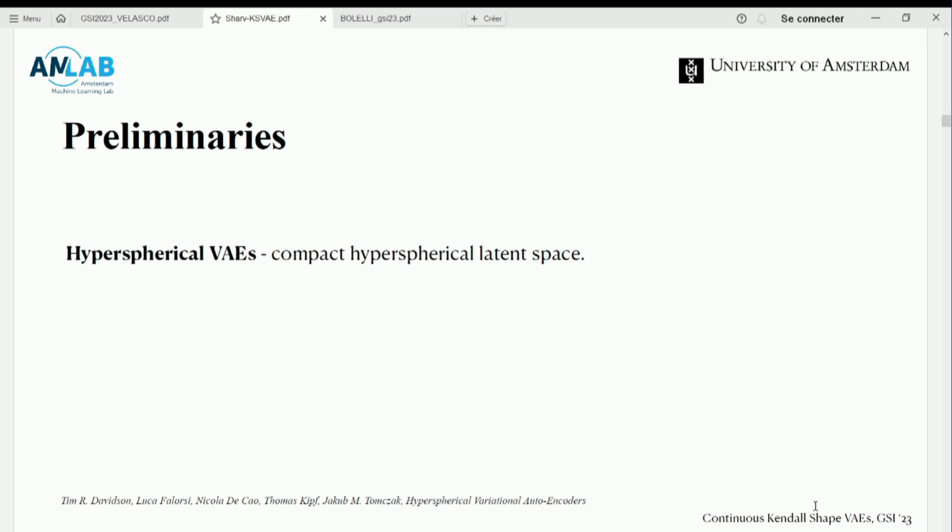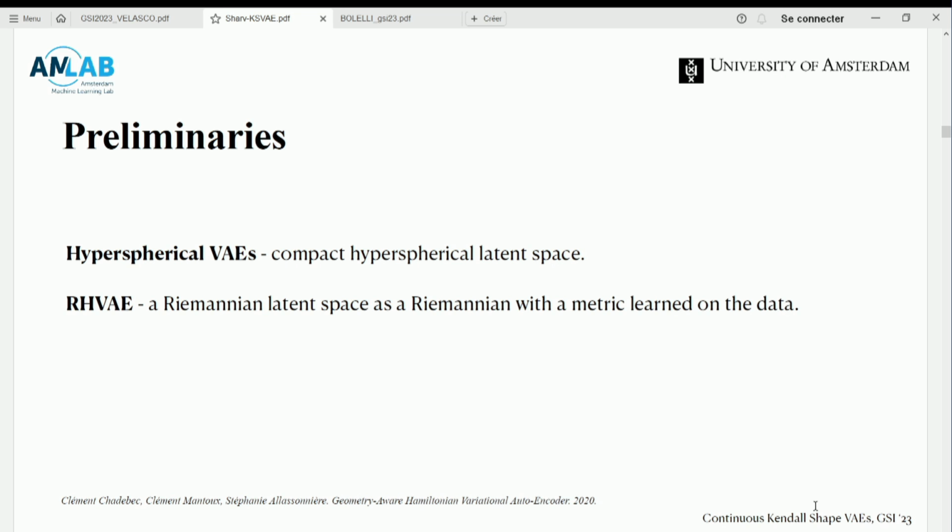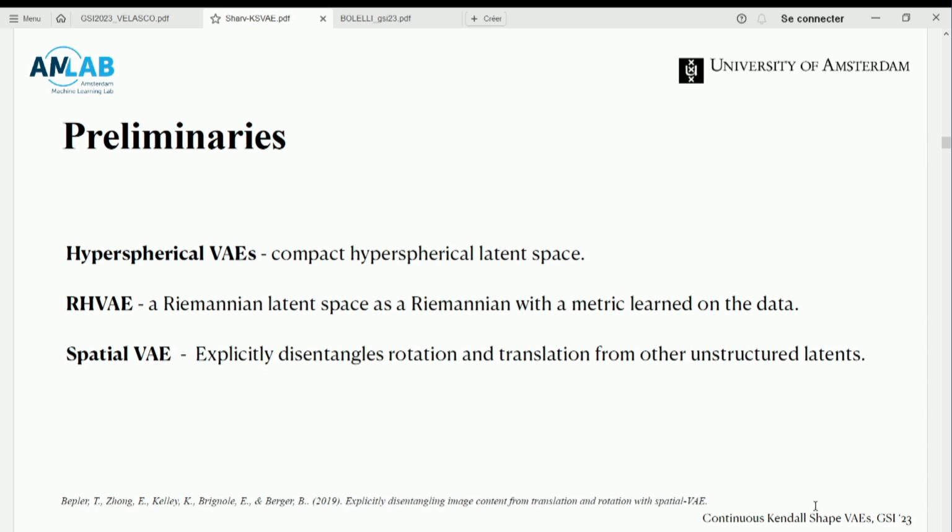We see that these hyperspherical latent spaces are good at representing data and can do so with fewer parameters than a vanilla VAE. Then there's the Riemannian Hamiltonian VAE, which actually learns the Riemannian metric while training the VAE. But it has its own issues, for example, issues of scaling, and it does not work with all data types.